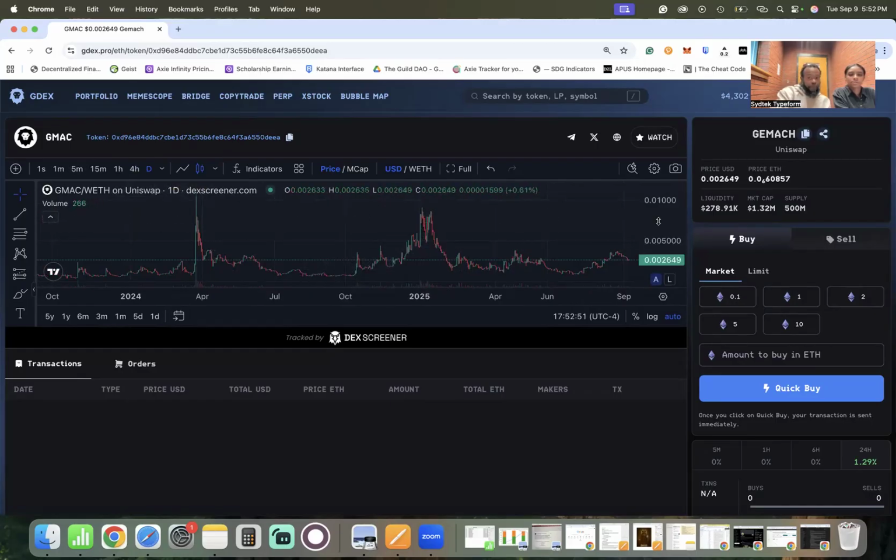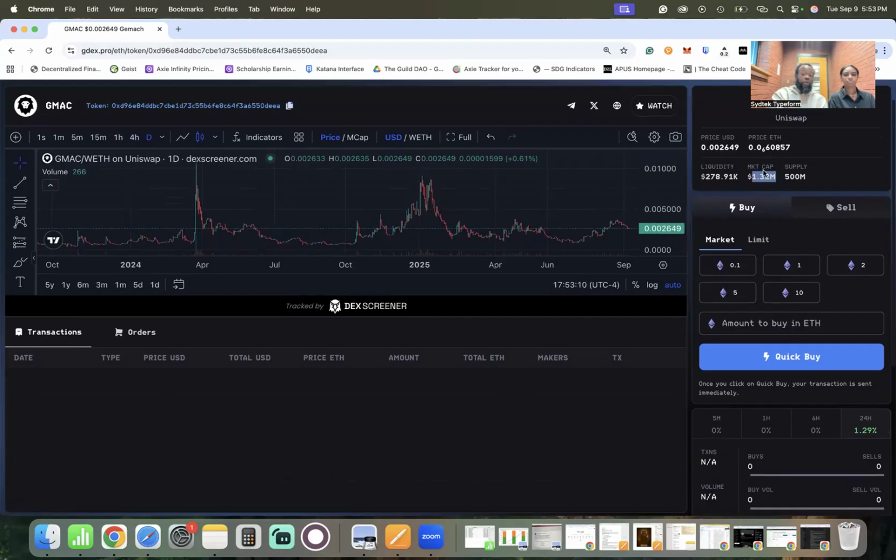So this is the price of the token, right? In crypto, forget the price. I don't care what the price is. You only look at the market cap, right? That's the most important part of a chart. You want to look at the market cap. That's a $1.3 million market cap, right?